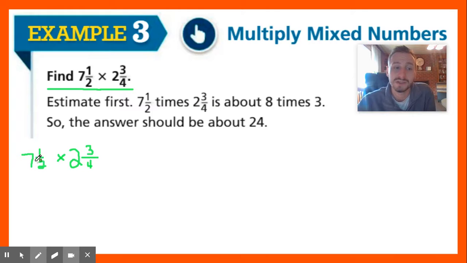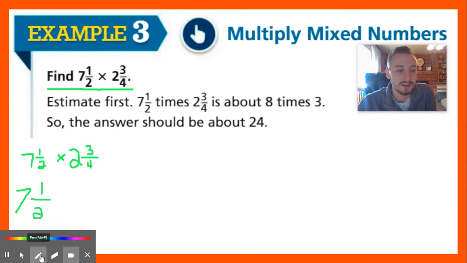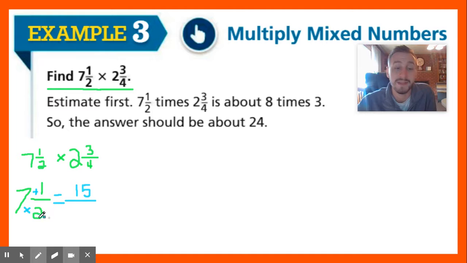So 2 times 7, let me show you this in a larger picture. 2 times 7 gives you 14, and then add the numerator. 14 plus 1 is 15. So this changes to 15 over, and then you always keep your denominator the same. The bottom number stays the same.